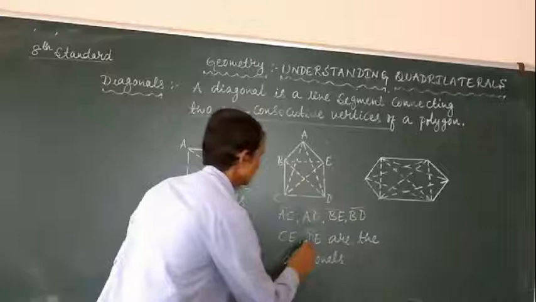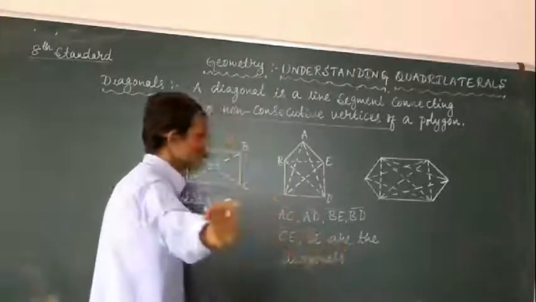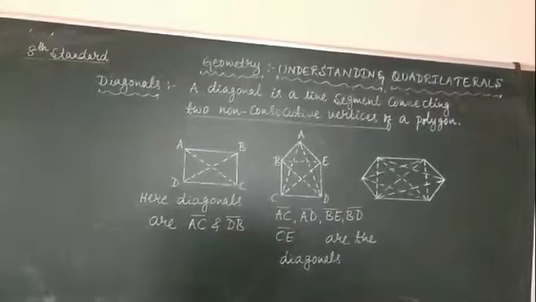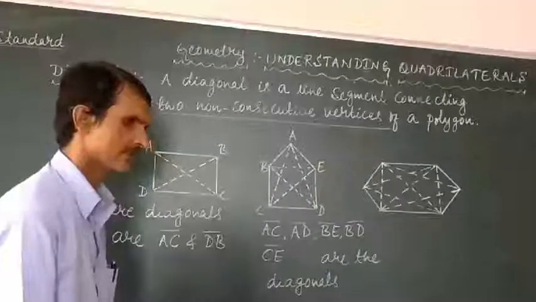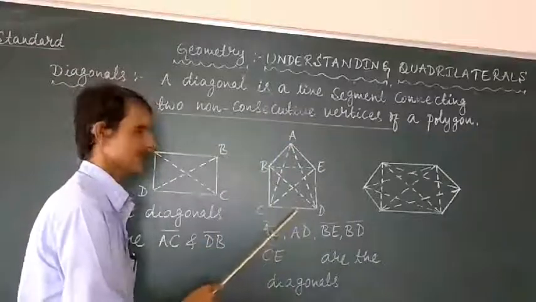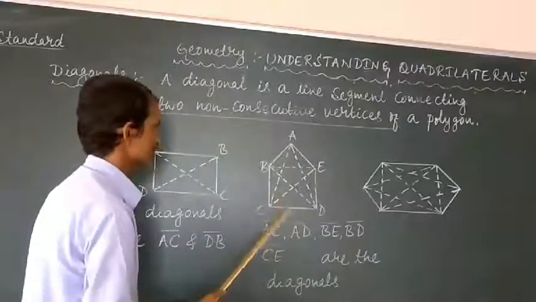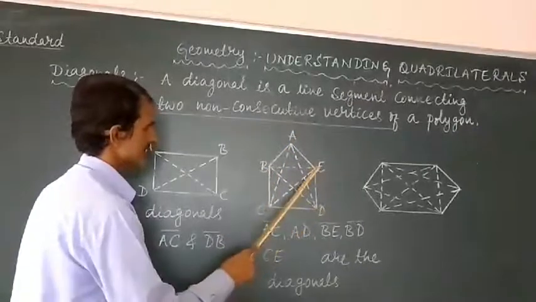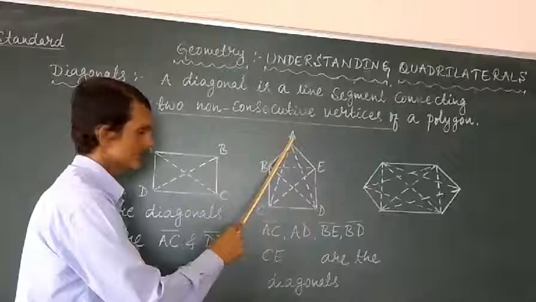So this is a pentagon. In this pentagon, the sides are AB, BC, CD, DE and EA.